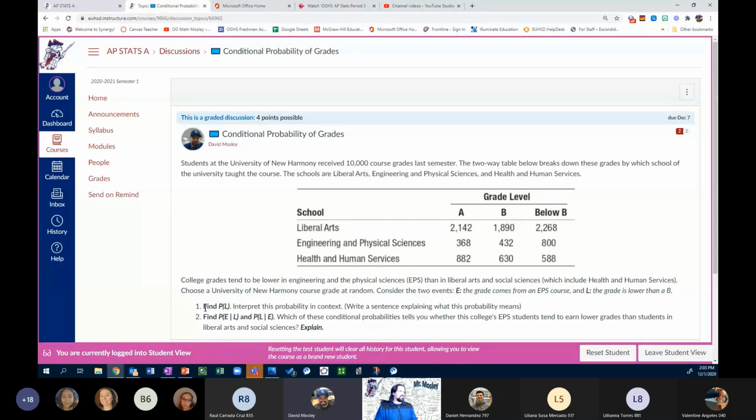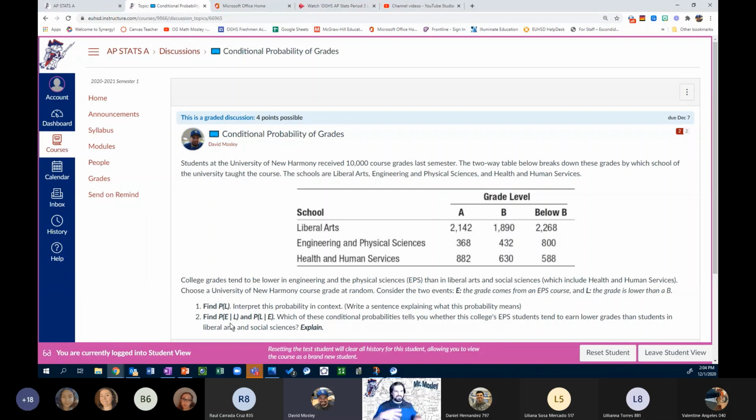All right. So what's the probability that a grade is lower than a B? This is not a conditional one. This is just find the probability, and then interpret this probability in context. What does it mean? Second question, find the probability that the grade comes from an EPS course given the grade is lower than a B. And find the probability that the grade is lower than a B given that it is from an EPS course.